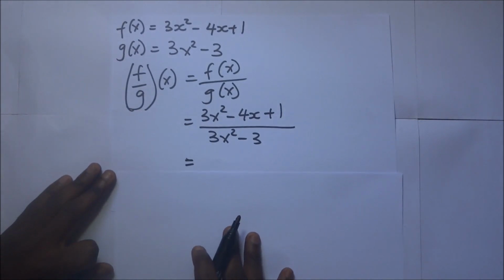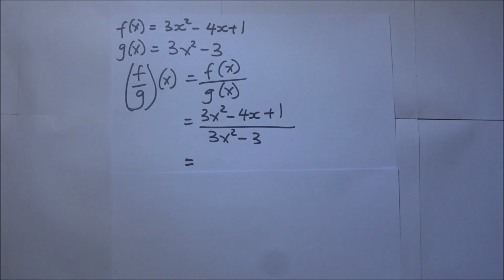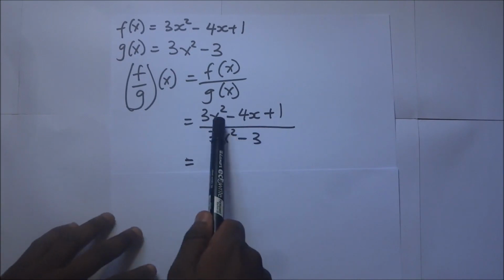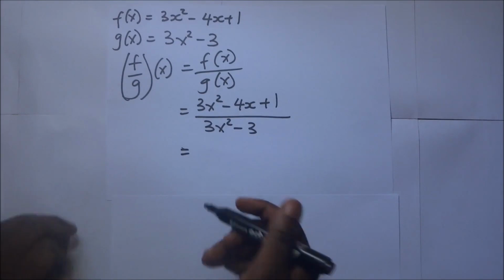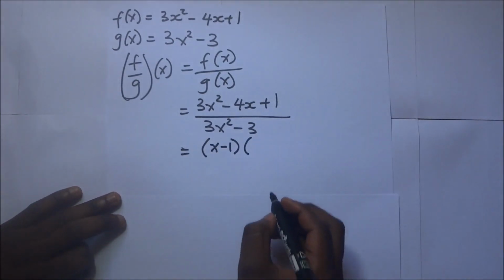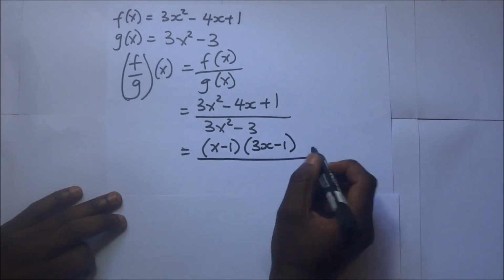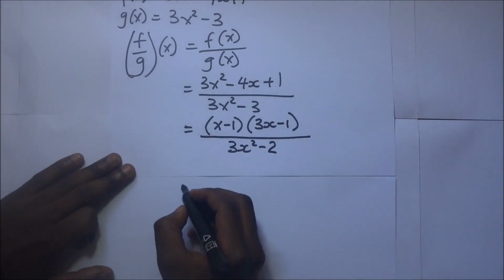The assumption is that you know how to factorize quadratic expressions using completing squares, using the factorization method, and so on. So after factorizing this quadratic expression, in our numerator we end up with x minus 1 into 3x minus 1. Divide that by 3x squared minus 2. Continue with this, we shall continue it from here.